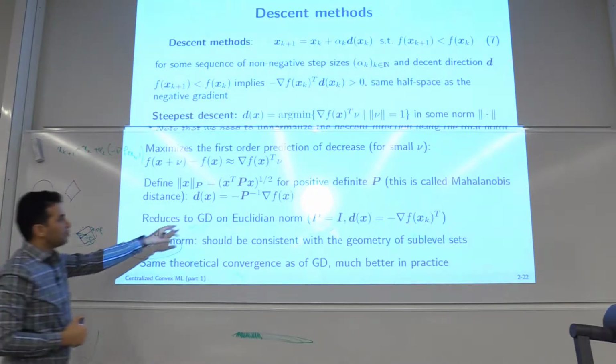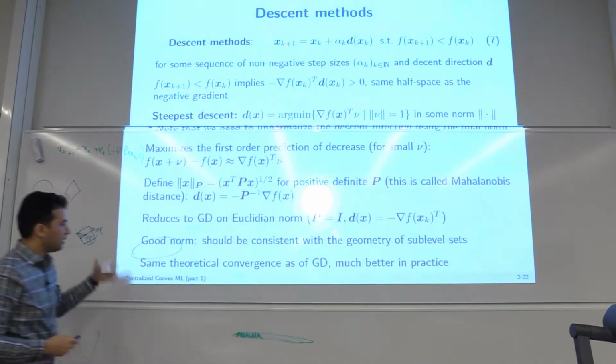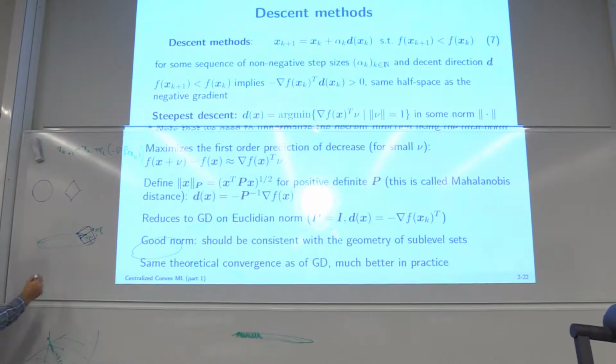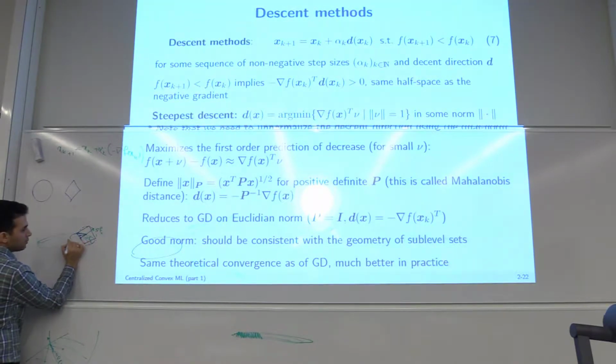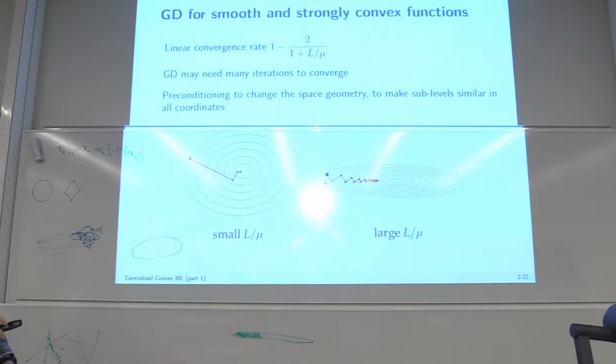You can see that by definition d is going to look like that. Geometrically, it means that if the optimization landscape is like this, we pick the norm to be very similar to the optimization landscape, so if the norm is this, and the minus gradient is this.